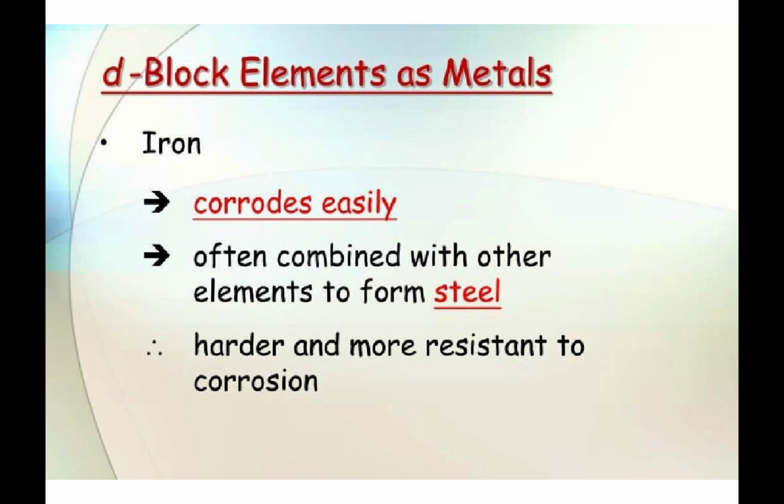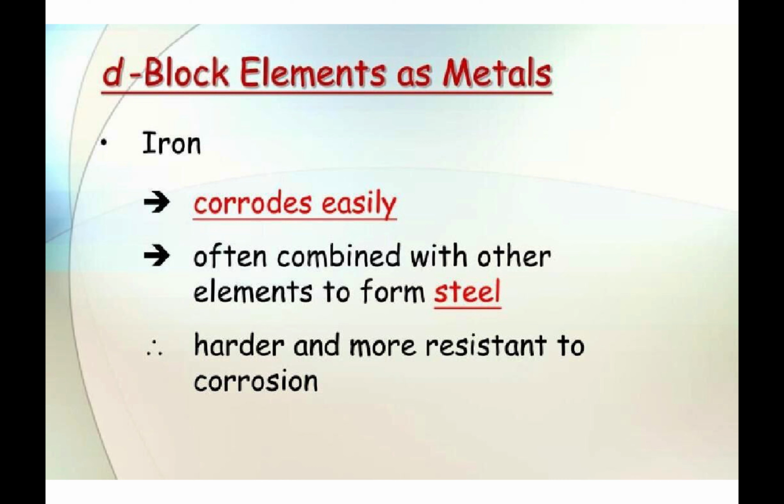Another important property of iron is its negative factor, that it corrodes very easily. It rusts very easily. If you keep it exposed to air for a long time, it reacts with the oxygen of the air and forms the oxide, and as a result the metal is damaged easily and undergoes corrosion.